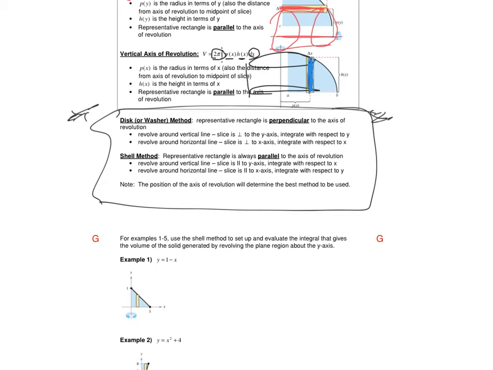If I have my dx slice and I revolve it perpendicular to the axis, it's going to make that solid disc. But revolving it parallel to my axis of revolution makes the shell method. So if we're parallel to our axis of revolution, it's the shell. If we are perpendicular, it's going to be the disc method. If you draw a representative slice, it'll be a visual cue for you to know which one's which.